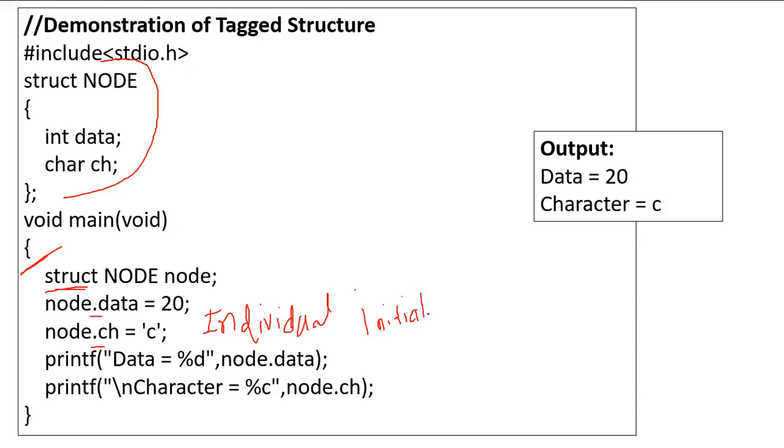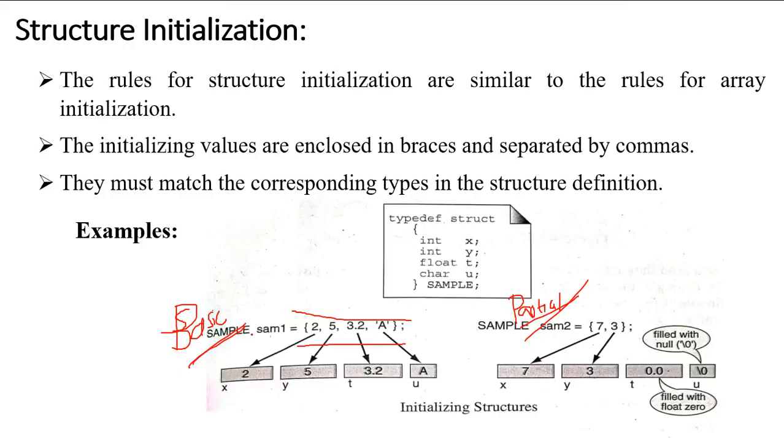Three techniques basically we said. One is basic initialization, where we initialize all the fields of your structure by simply using a set of curly brackets. In partial initialization, we initialize only a few of your structure fields. We will not initialize all of your structure fields.